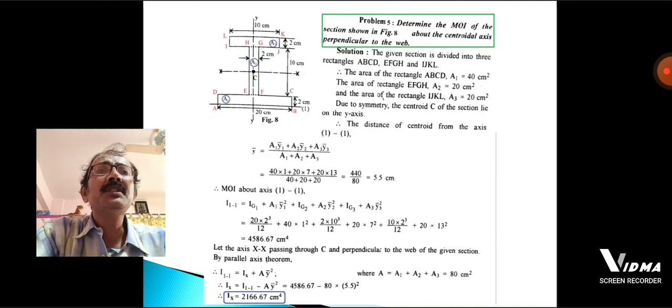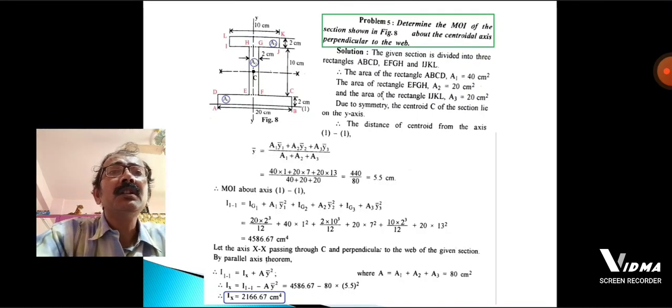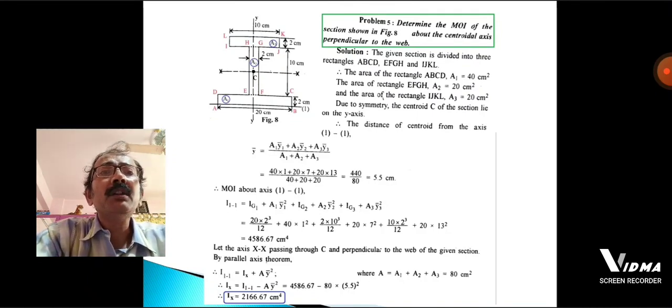Now the moment of inertia of section 1: I_g1 plus A1 y1 bar square, plus I_g2 plus A2 y2 square, and I_g3 plus A3 y3 square. So in section 1, that value is 4586.67 centimeter to the power 4.